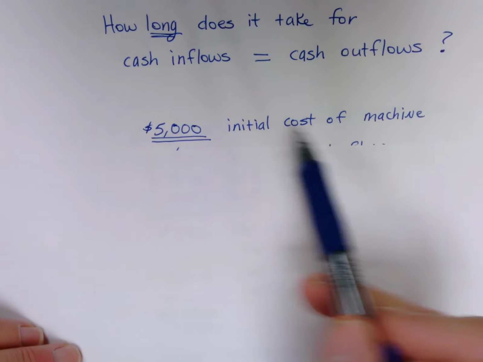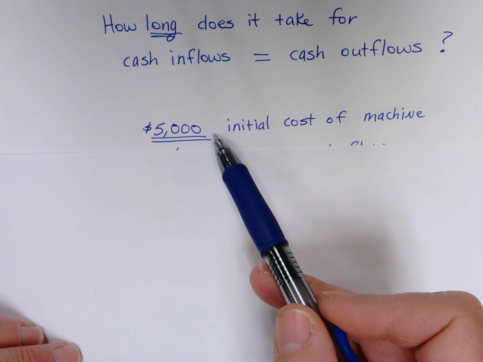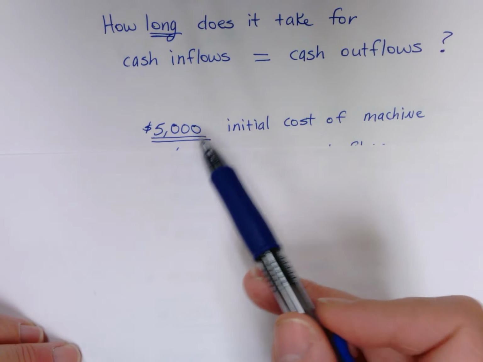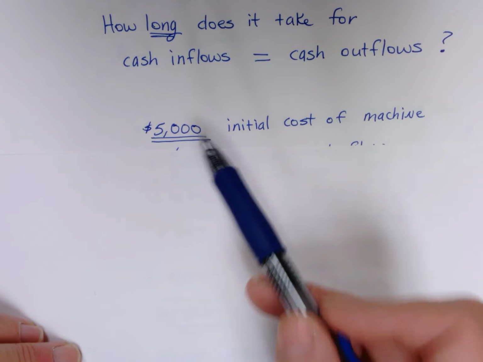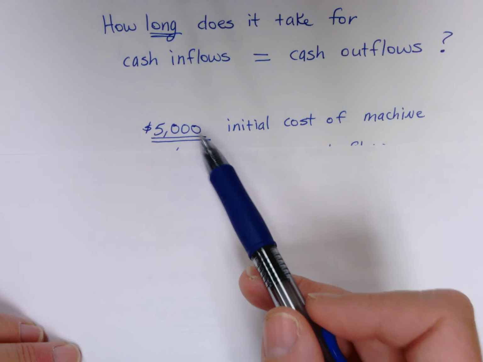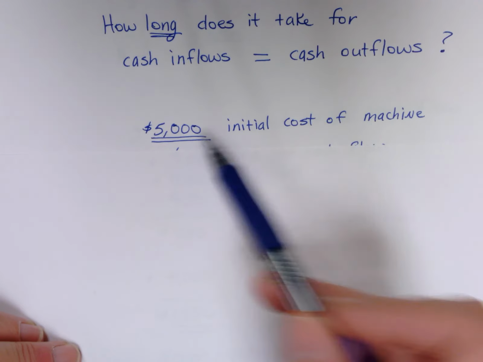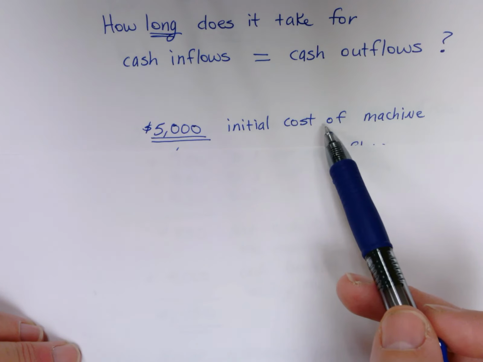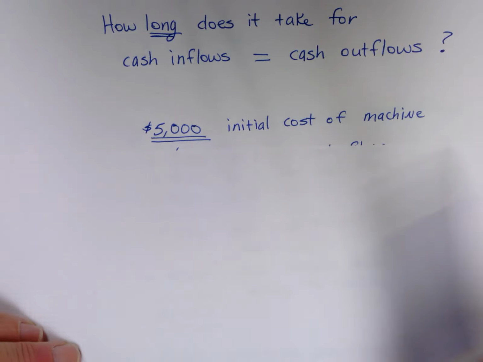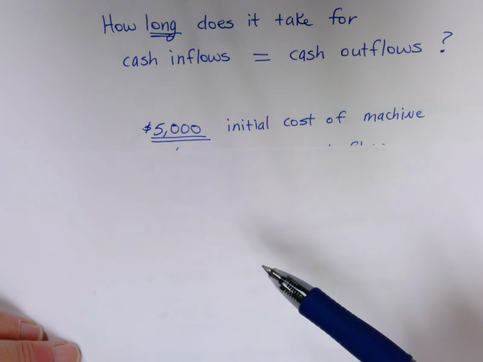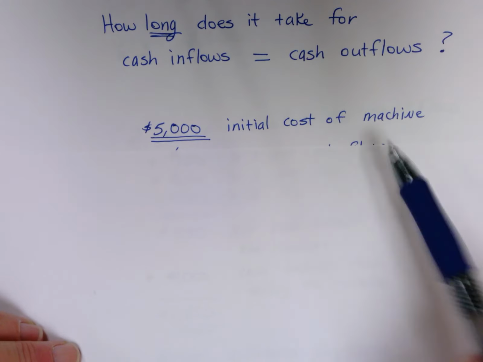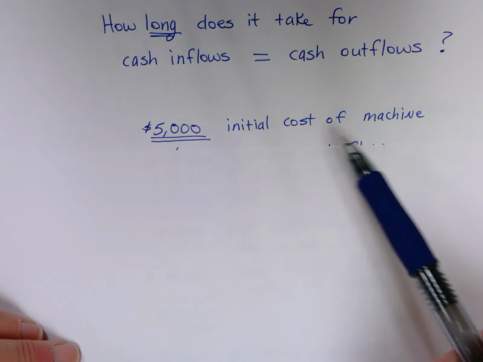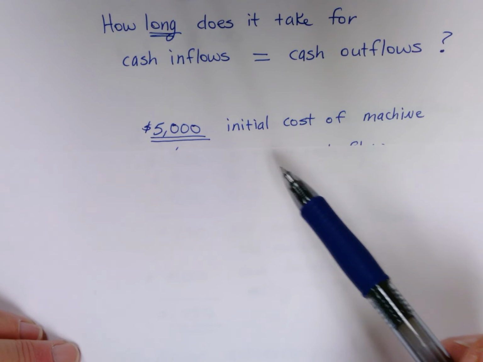And by the way, when we say initial cost of the machine, that includes the actual invoice cost of the asset. Plus, be sure to add on the freight of the asset coming to the plant, to the factory. It includes sales tax. That's probably already added on to the invoice, but if it isn't, make sure you add on sales tax.